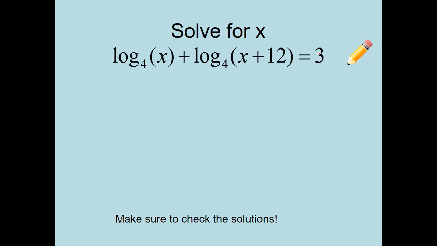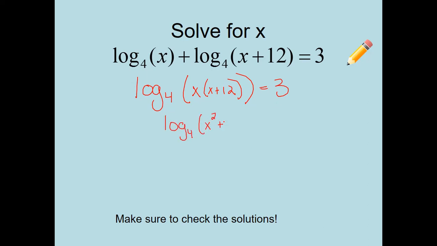So right now, this is an expanded form. So I'm going to condense this into a single log. Since there's plus in the middle of two logs, I'm going to change the insides to multiplication. So it's going to be log base 4 of x times x plus 12 equals 3, aka log base 4 of x squared plus 12x, right?